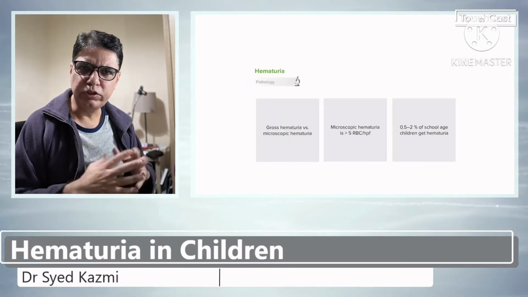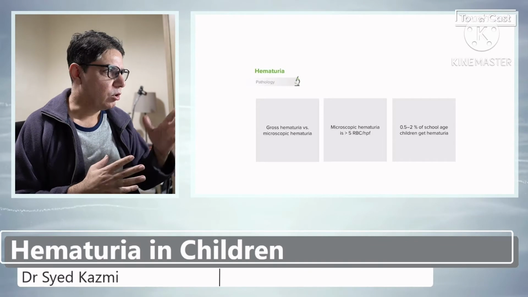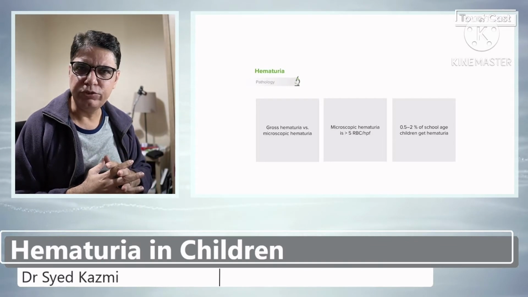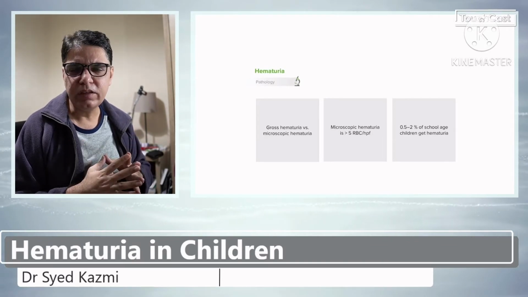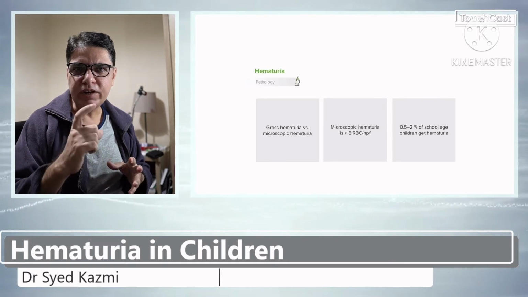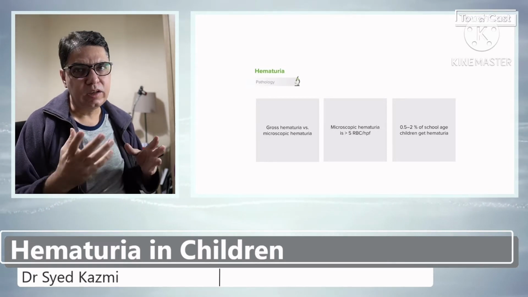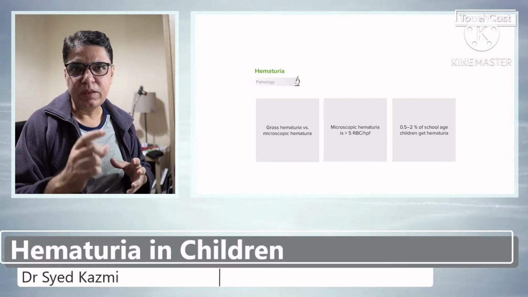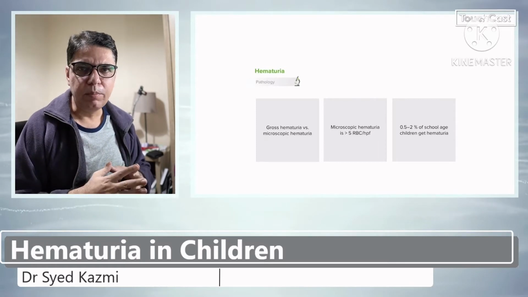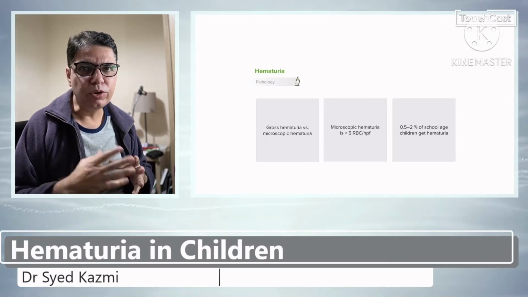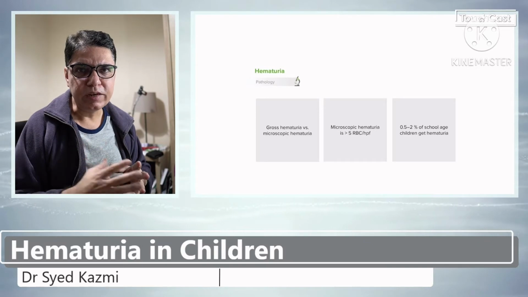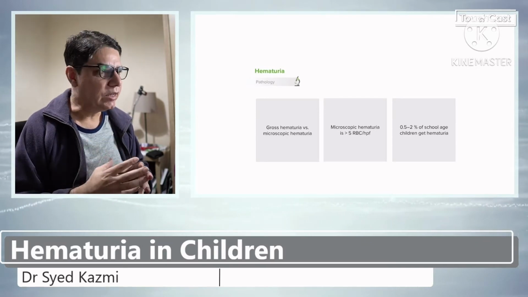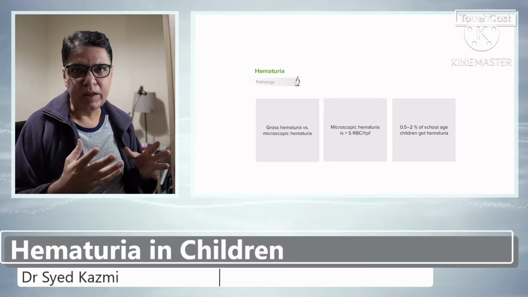So there are two types of hematuria: gross hematuria and microscopic hematuria. Gross hematuria means when you can see that the urine is red color. In other words, as people say, they can see blood in the urine. Microscopic hematuria is when you cannot see blood or red colored urine, but when you test it chemically, you find that there is blood in the urine.